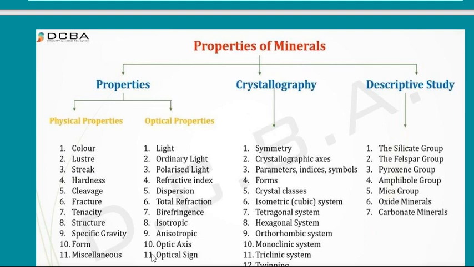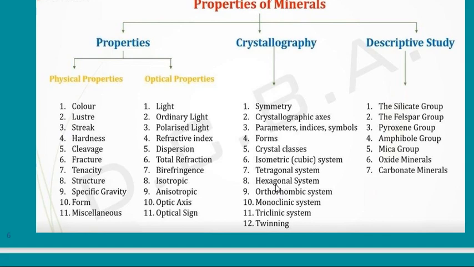reflection, lots of items. Then this deals with the crystalline form of the matter, the crystals itself, how it is formed, the shape, and so on. Some descriptive study. In the descriptive study, they gather minerals together in groups.